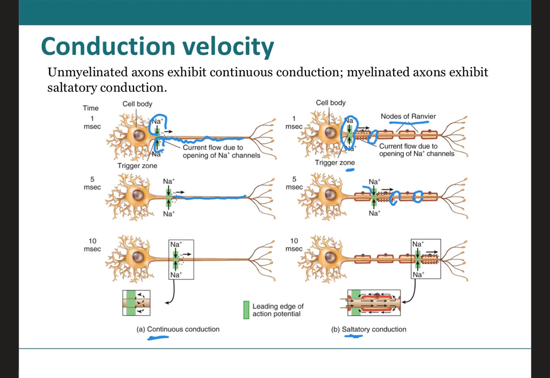The area where the myelin is does not have to be depolarized, so it jumps from this area to this area, and then to the next node of Ranvier, and then to the following one. This is why it's faster: it doesn't have to depolarize the whole axon, only certain areas of the axon.